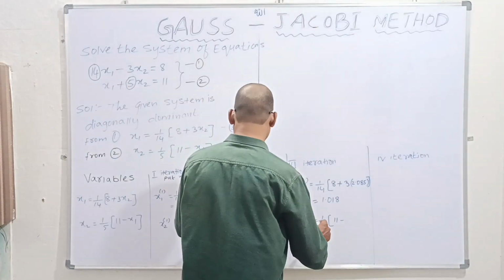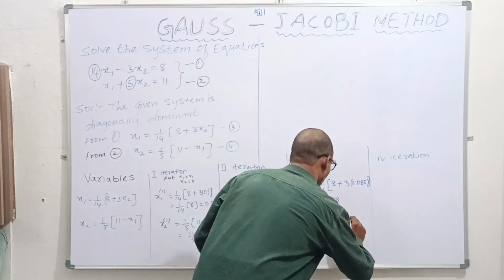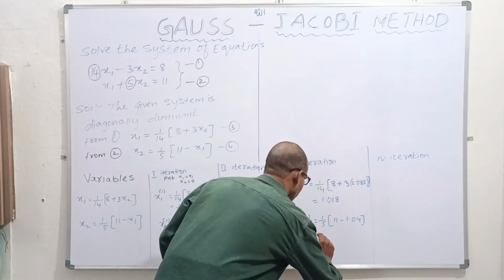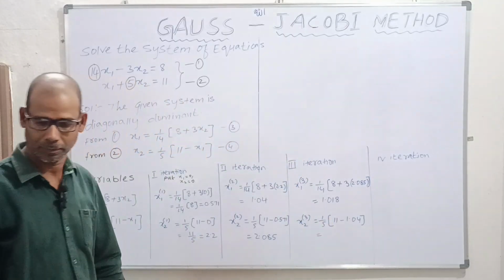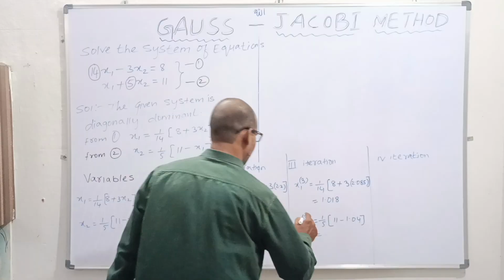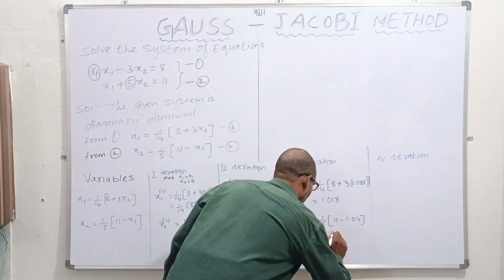So x1 is 1.04. On simplifying this, we will get the value 1.99.